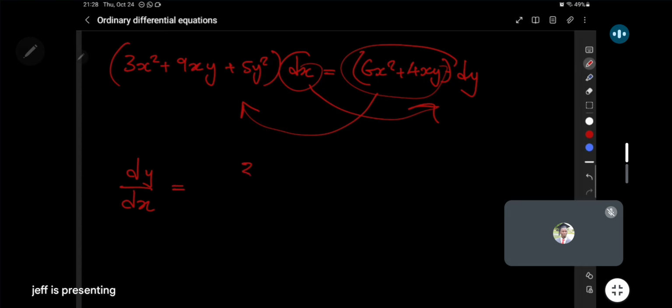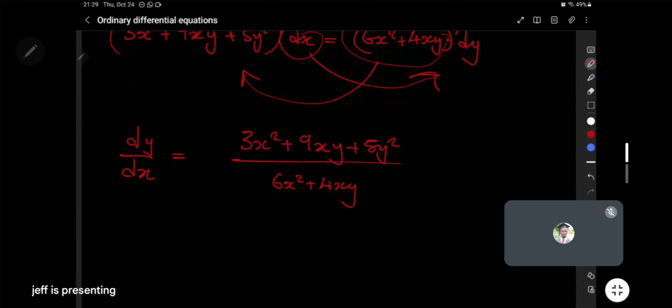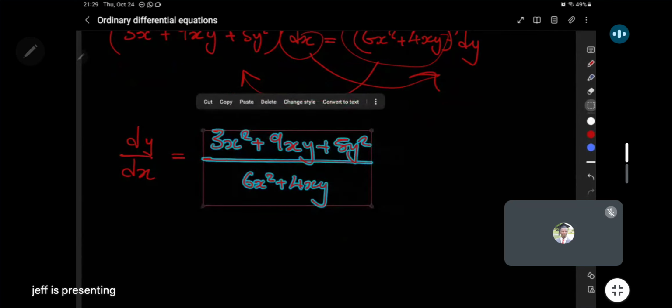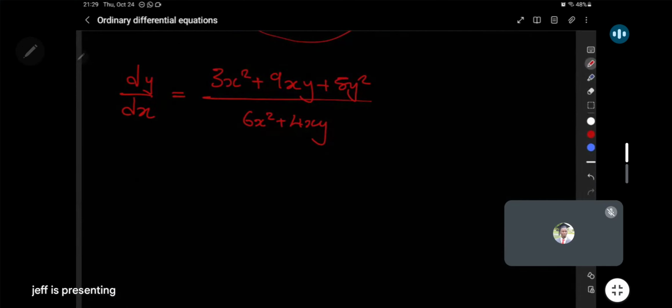Then I'll have (3x squared plus 9xy plus 5y squared) over (6x squared plus 4xy). So this is what we have now. So here, clearly, our f of x comma y is equal to this expression.